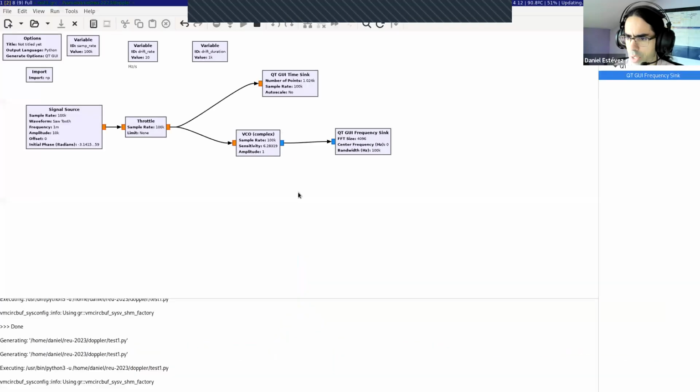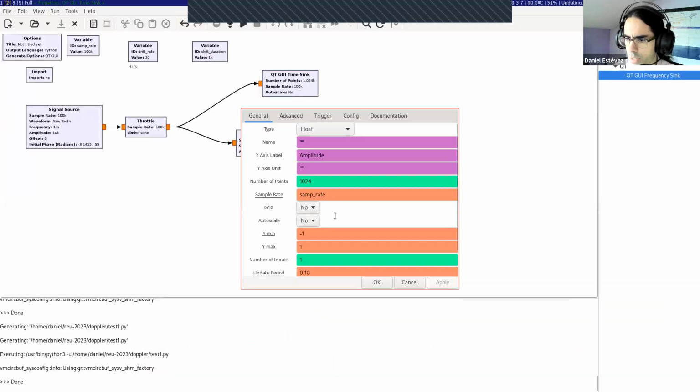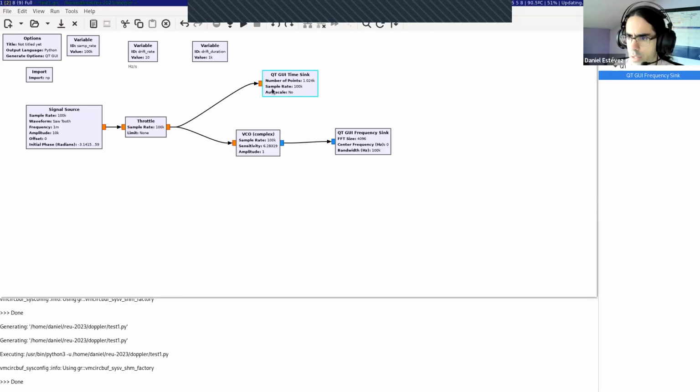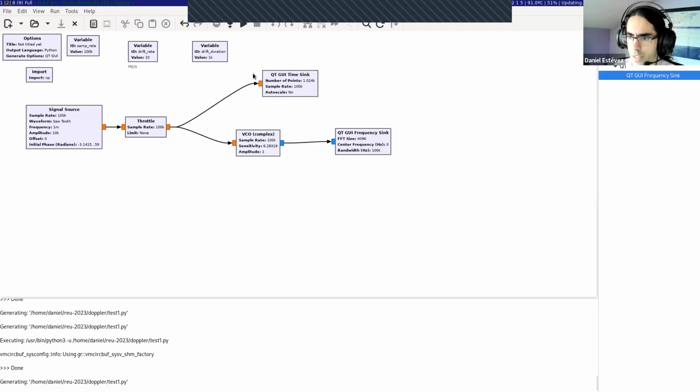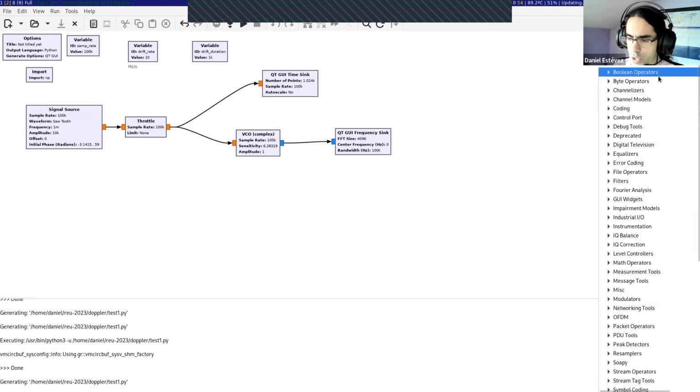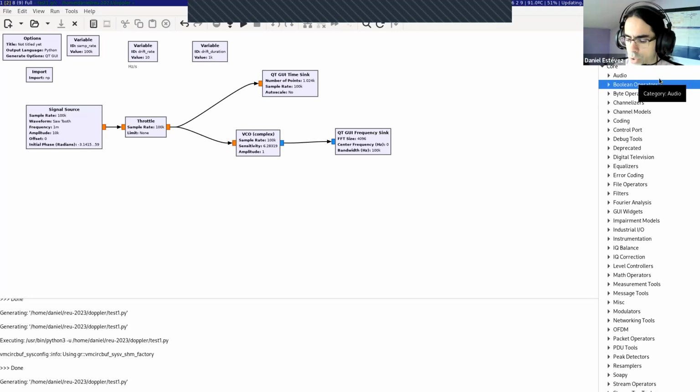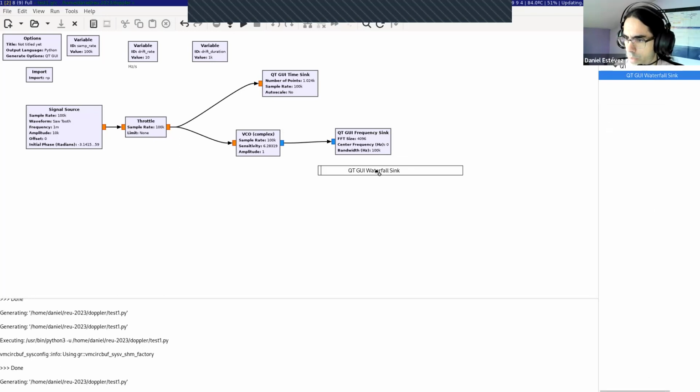Something else which can be useful, by the way, I'm going to set this to a larger value, otherwise it basically disappears out of the range of the plot immediately. So something else which is useful is the waterfall sink.